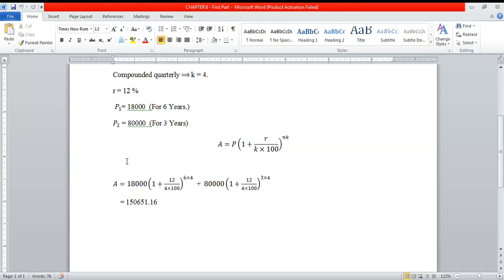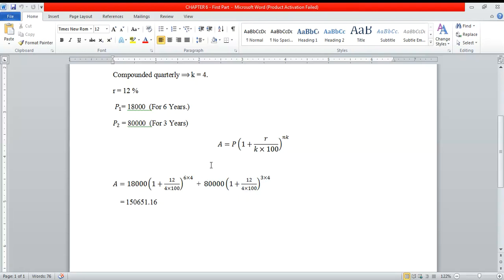So, amount A equals, for the first principal, 18,000 into 1 plus R, 12, by K, 4, into 100, power n, the first principal for 6 years, so n equals 6 into K, plus the total amount for the second principal.